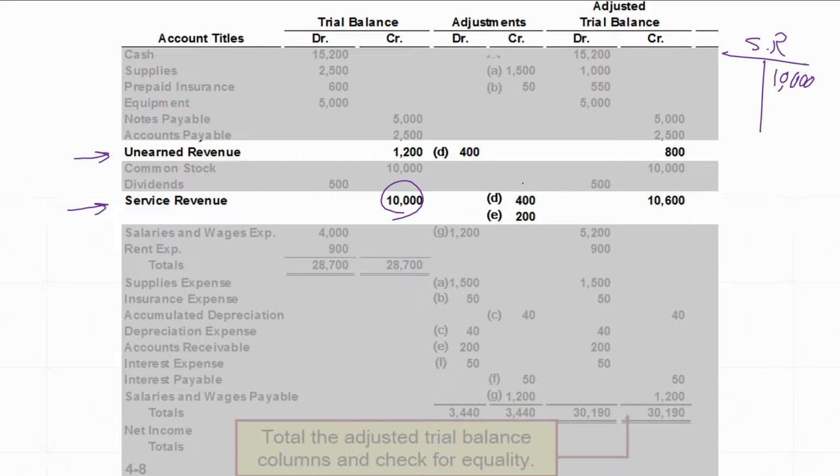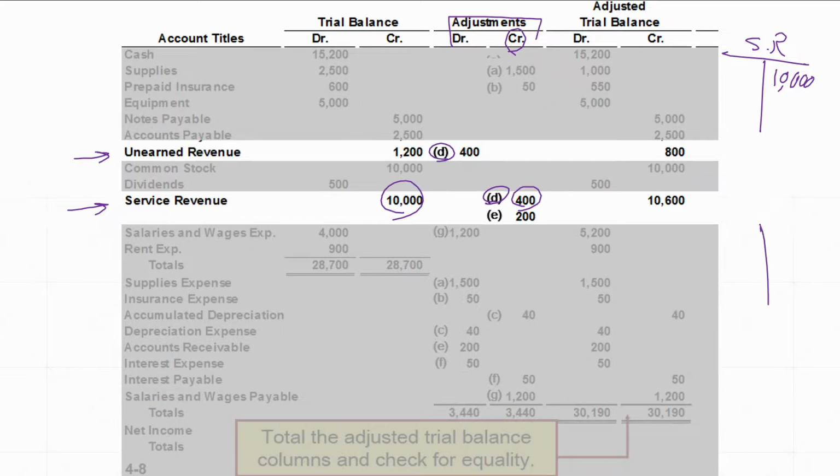Okay, what's going on? $400 is reported under the credit column of adjustments. As we see, this $400 is basically a portion of our unearned revenue, which is now earned.